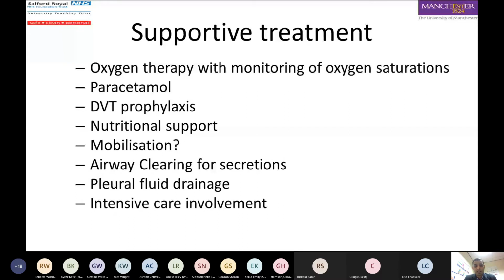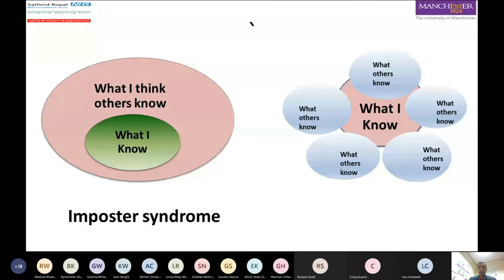There's some controversy about mobilization and head positions, which Jenny will talk about, as well as Craig. You need to look at support with airway clearing secretions to avoid superimposed aspiration. If the patient has pleural fluid collection, then you need to look at drainage, and you need to consider intensive care involvement. So all of this is perhaps more supportive, but the mainstay would be antibiotic treatment.